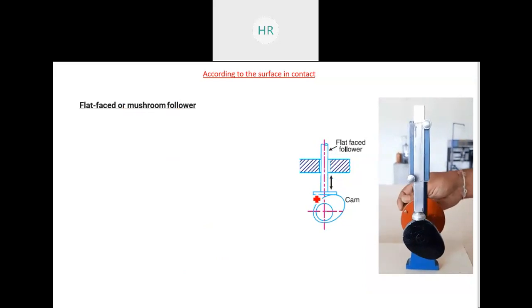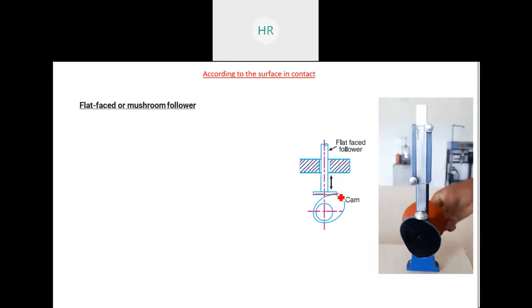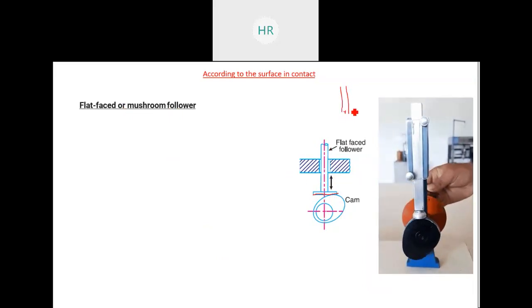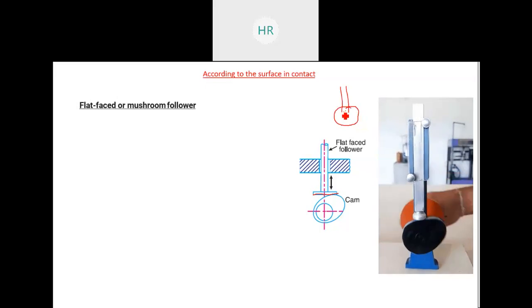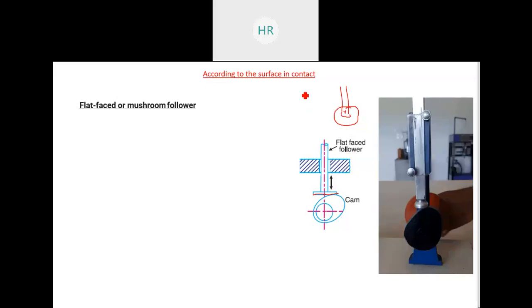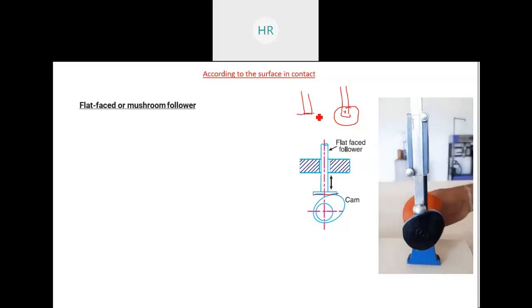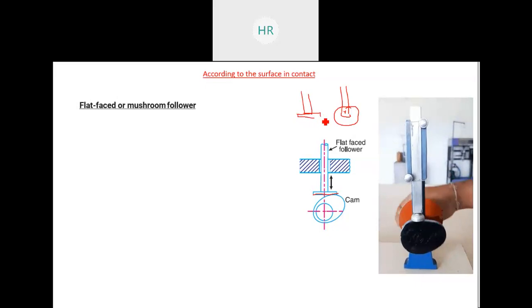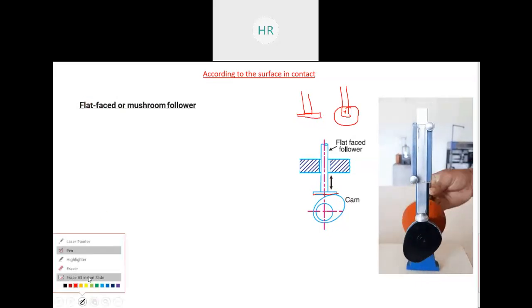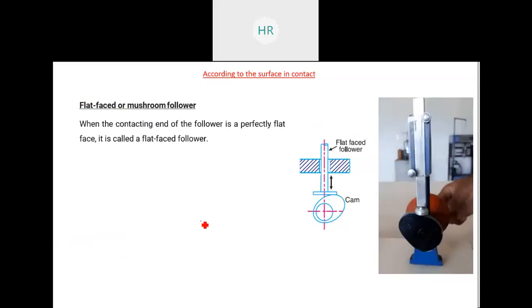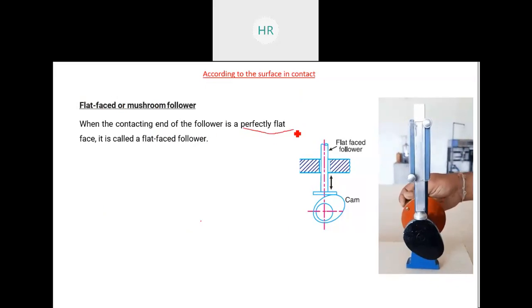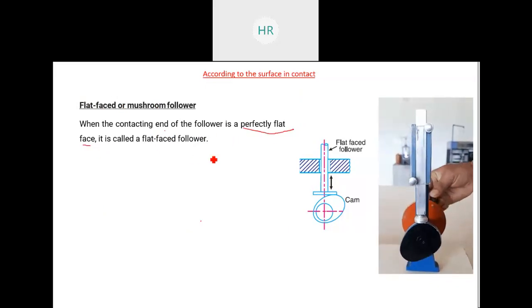Previously, a roller was attached at the end of our follower. Now in this flat face follower, the end of the follower is a flat end. That is why the name is given as flat face follower. So when the contacting end of the follower is perfectly flat, it is called a flat faced follower.